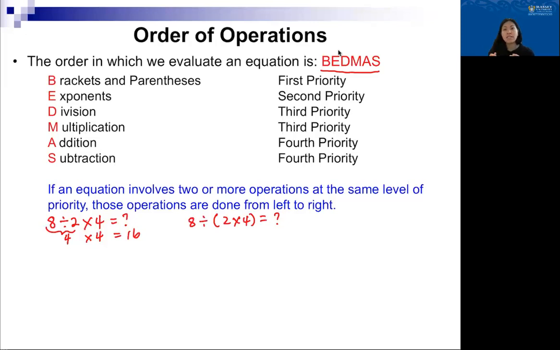Because the equation is written differently and you have a bracket here, the bracket is the first order of priority. That means you have to do what's in the bracket first: 2 times 4, which is equal to 8. And then you do 8 divided by 8, which is equal to 1.